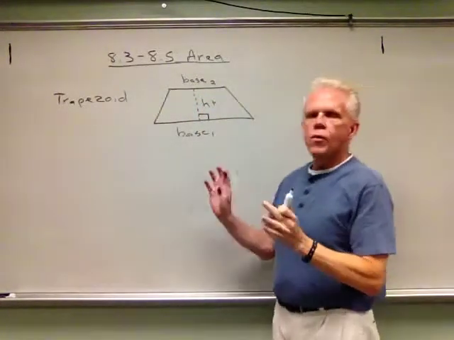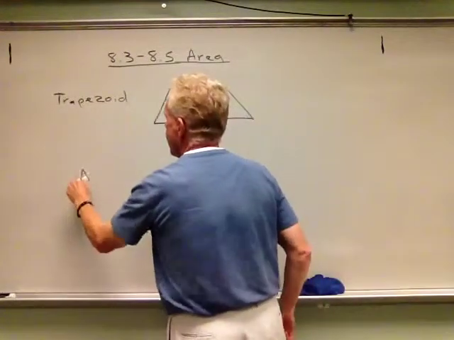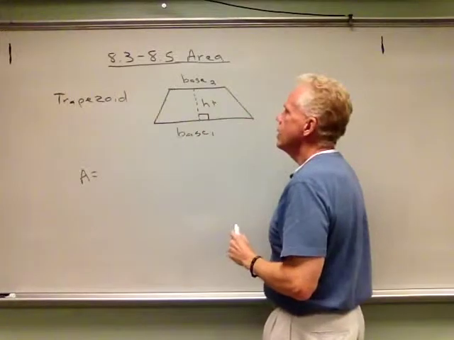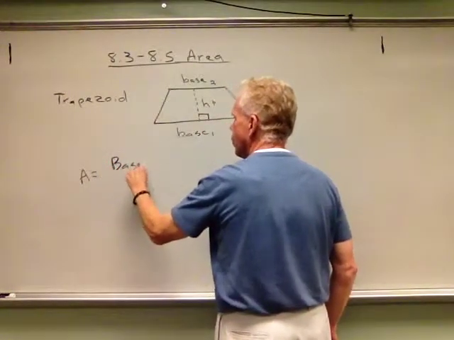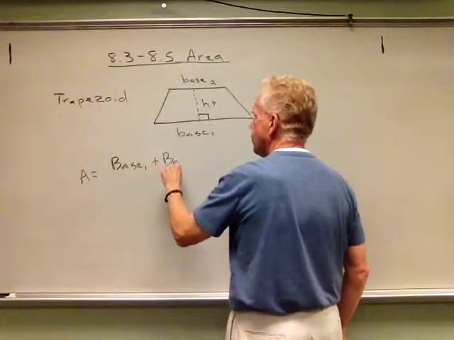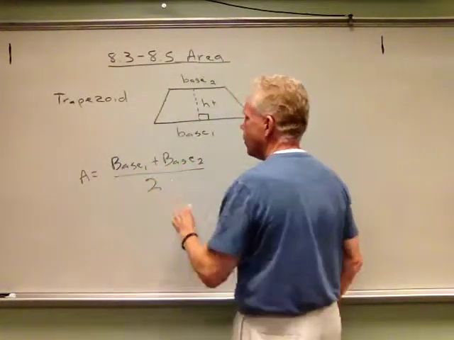So let's get a formula for the area of our trapezoid. Area of the trapezoid is going to be base 1 plus base 2 divided by 2.